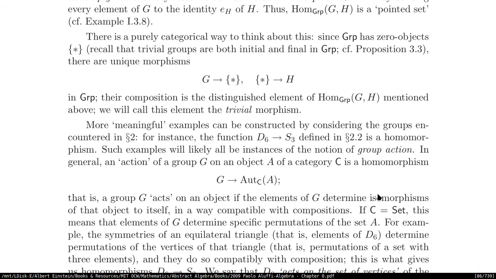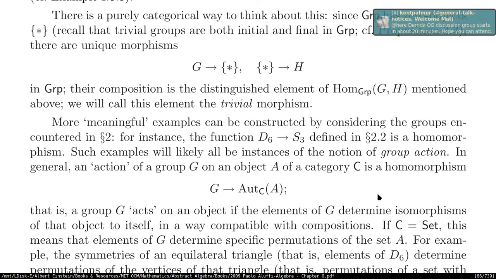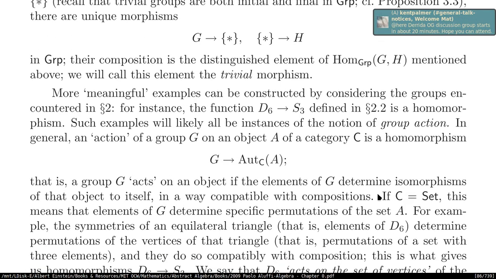But they say, in general, an action of a group G on an object A of a category is a homomorphism which goes from the group to the set of automorphisms of the object A. That is, a group G quote-unquote acts on an object if the elements of the group G determine isomorphisms of that object to itself.